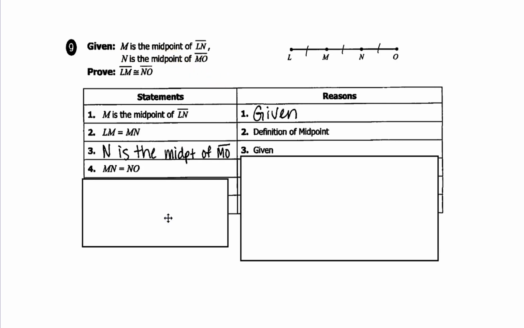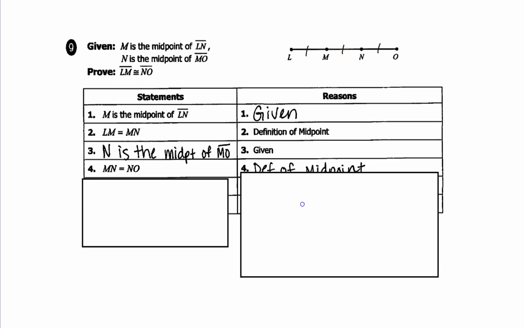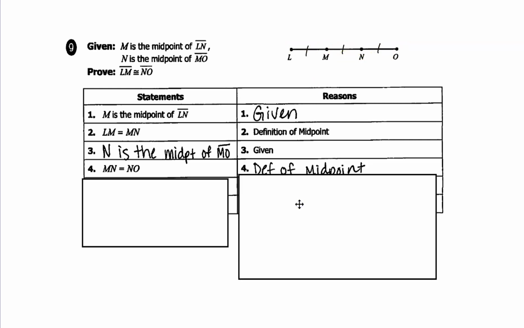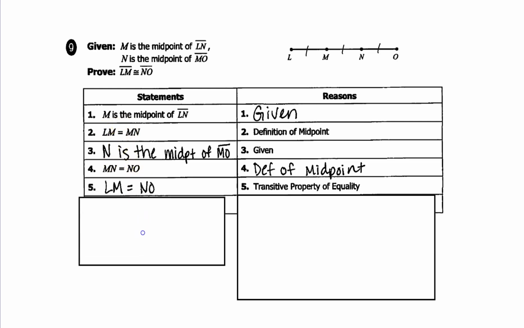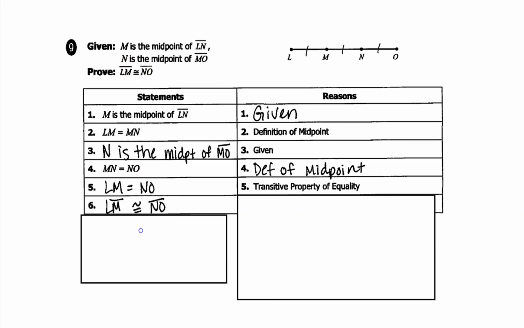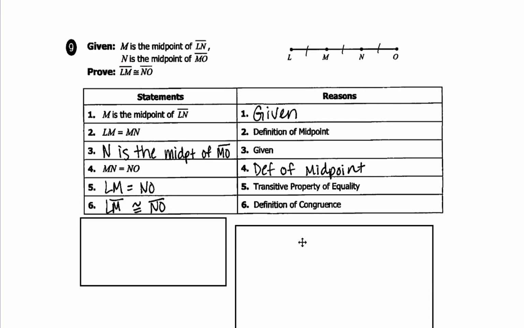You're given MN equals NO. Well, MN, which is right here, equals NO. That's because N is the midpoint, so that's your definition of a midpoint. Then the transitive property of equality, well, what does that do for you? Well, that means we cancel out the two MN's. We're left with LM equals NO. And notice that all we're going to do is add a congruent sign in the symbols, which is congruence.